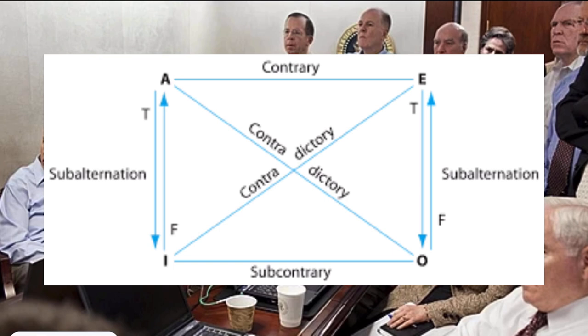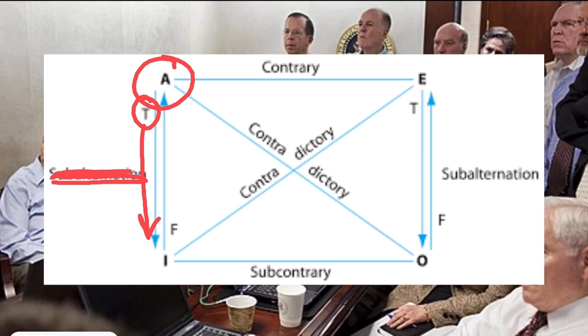If A here is false, subalternation is immediately thrown out the window because the truth goes down, but A is false. It's not true. How would this work? One must force the truth of the other, but if A is already false, we have to throw this out the window.